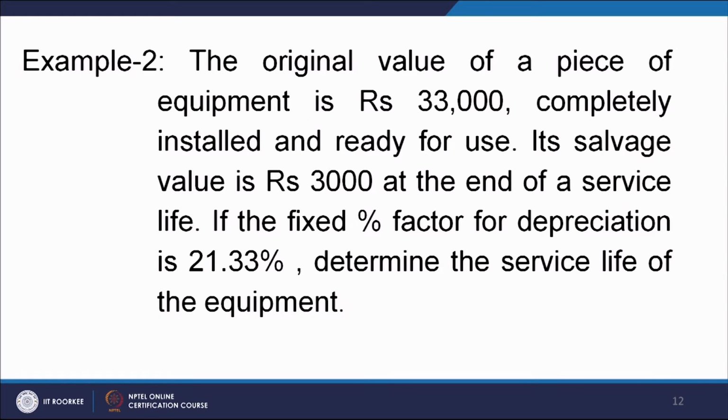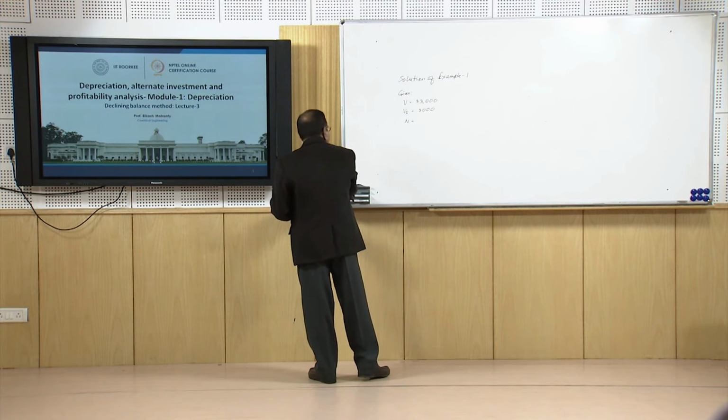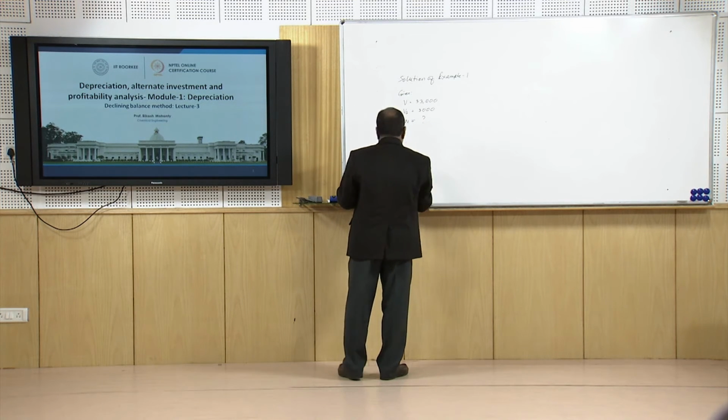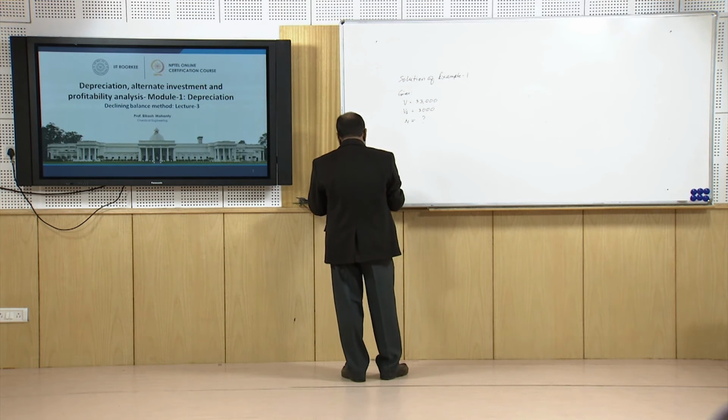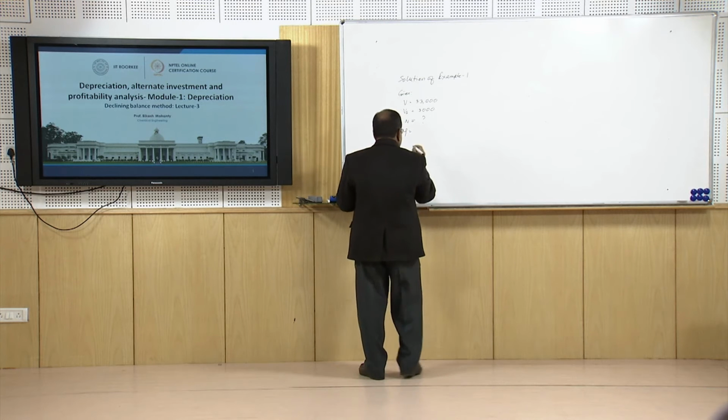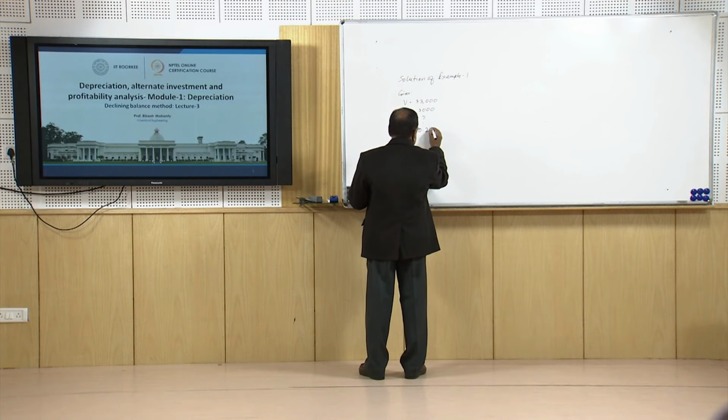If the fixed percentage factor for depreciation is 21.33%, determine the service life of the equipment. Now, we do not know the value of n, where the value of f is given, 0.2133.